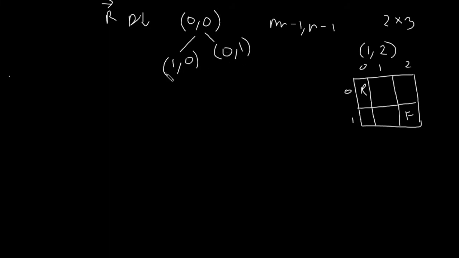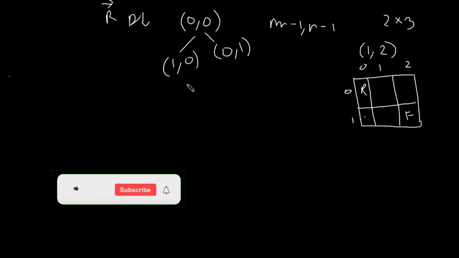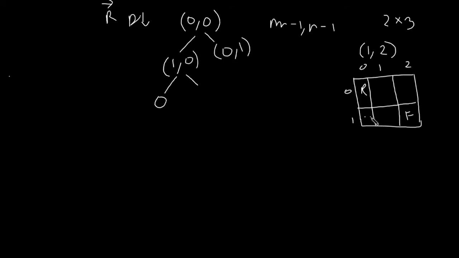Now the robot is currently at 1, 0. At this position, if it tries to go down, it would go outside the boundary. When it moves outside the grid, we are going to return 0. And it can go right. If it goes right, it will be in the cell 1, 1.